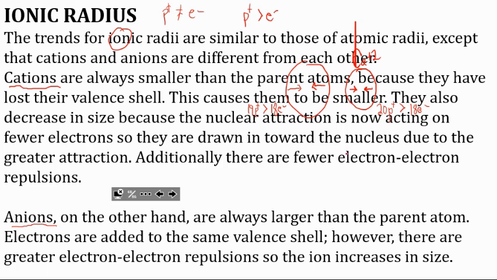Good? This is going across. Your cations are going to get smaller as you move across because you're increasing the effective nuclear charge on them versus the number of electrons that are there. So a cation, an ion of calcium, is going to be smaller than an ion of potassium.